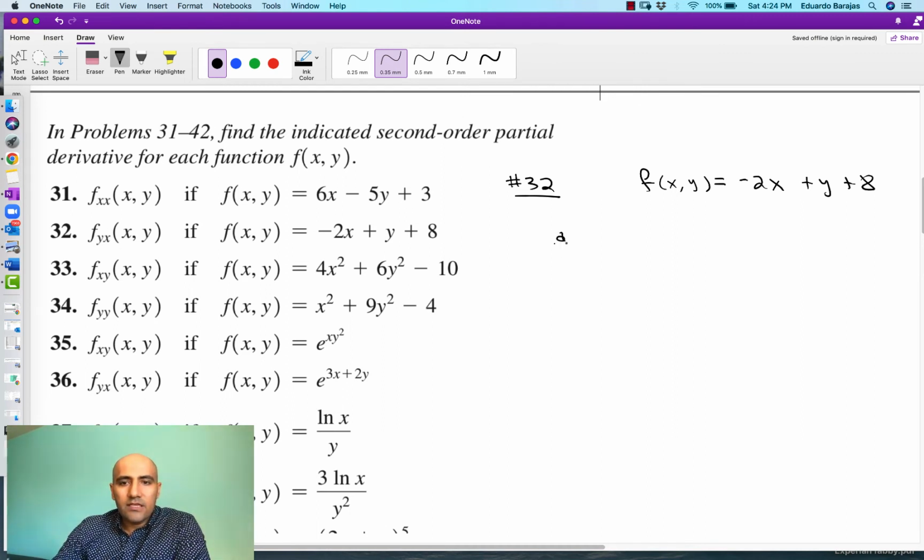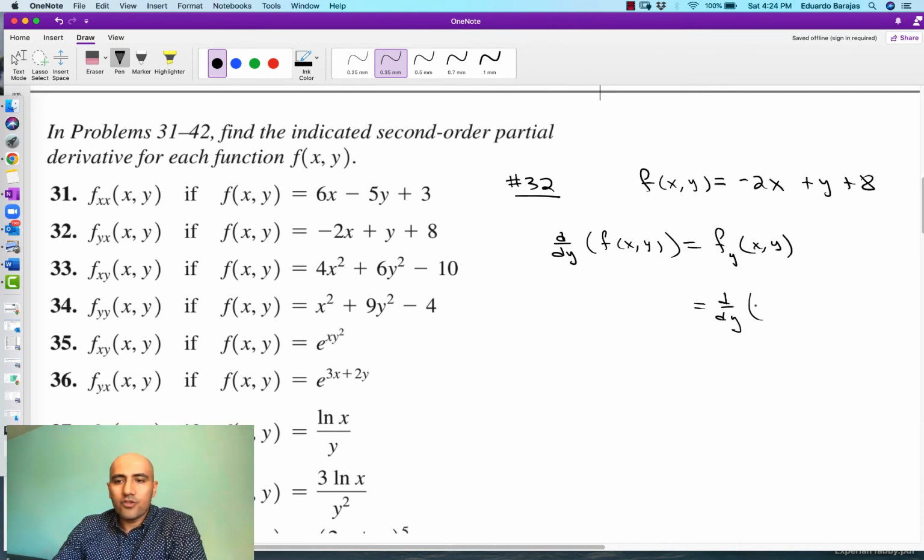So this would be d dy of our function f of x y, which is the same thing as saying find f sub y of x comma y, which is the same thing as saying find the derivative with respect to y on the function negative 2x plus y plus 8.